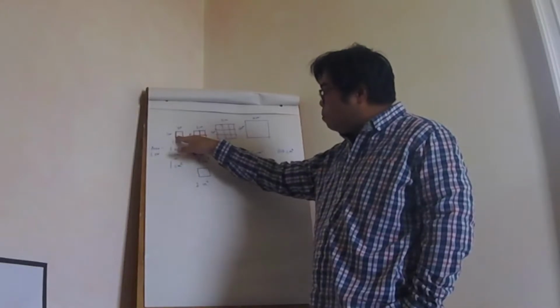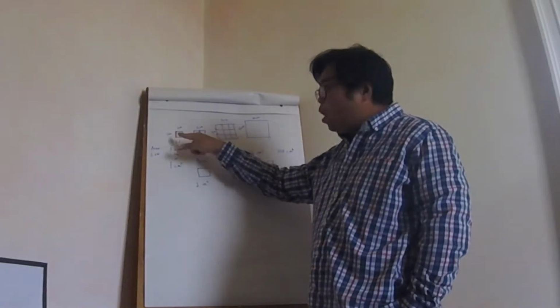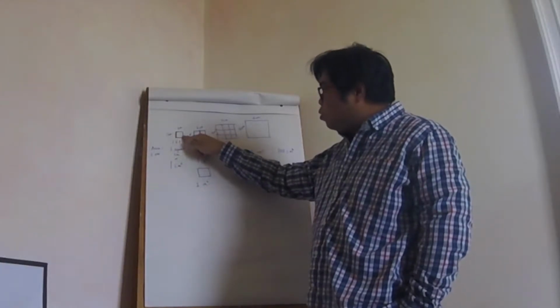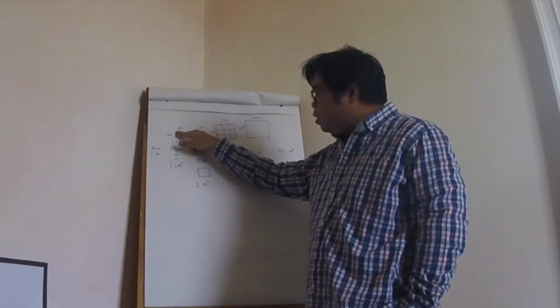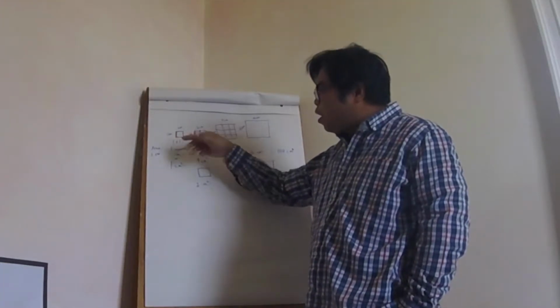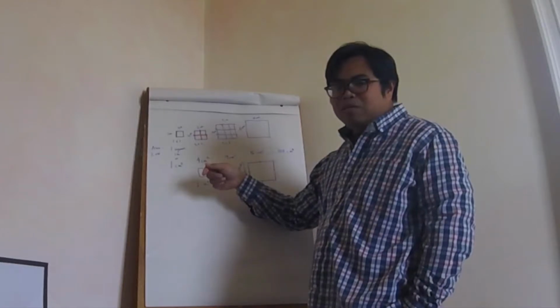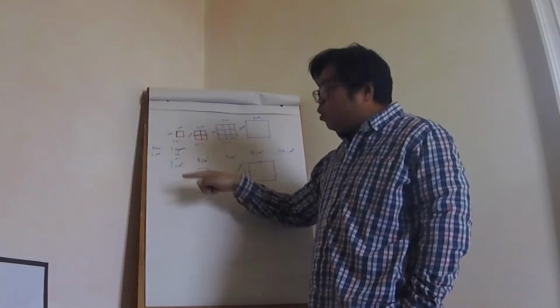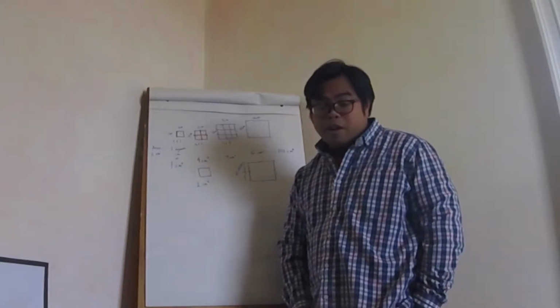Each one of them is 1, so we count 1 plus 1 plus 1 plus 1. How many centimeters is that all in all? 4. Yes. So that 4 is called the perimeter of the square.